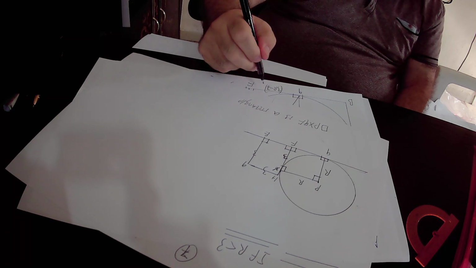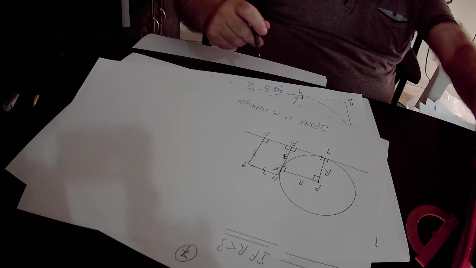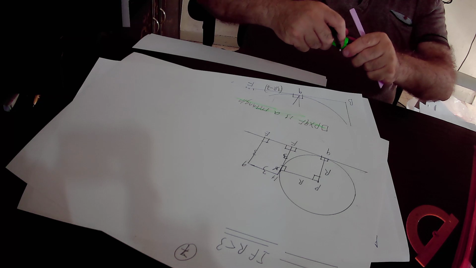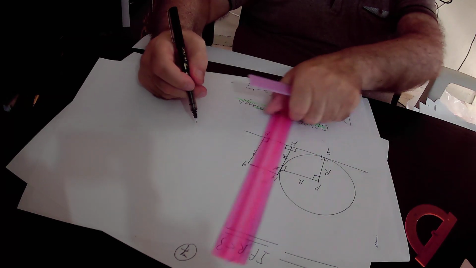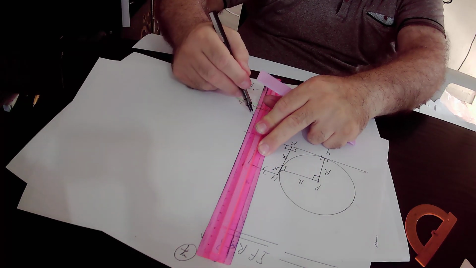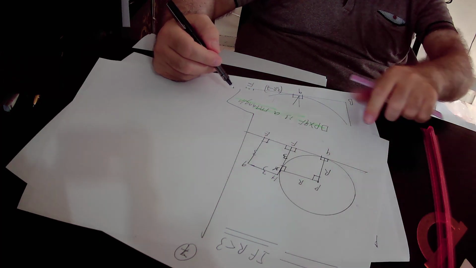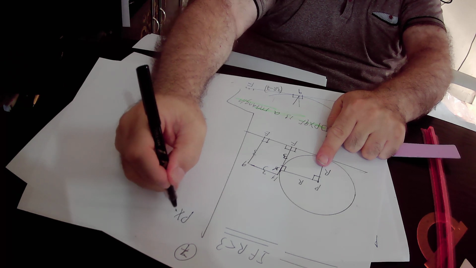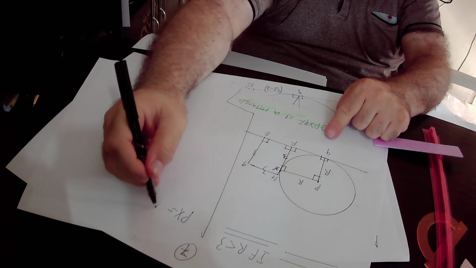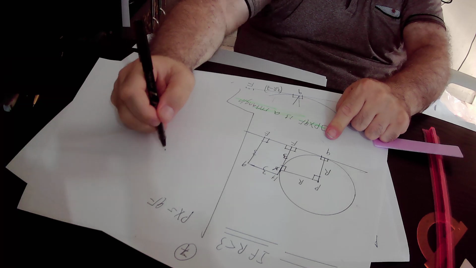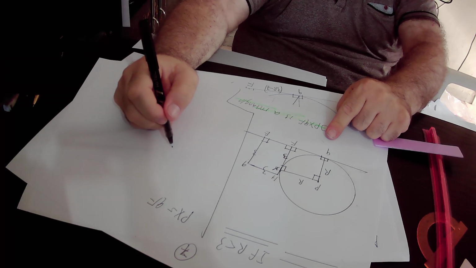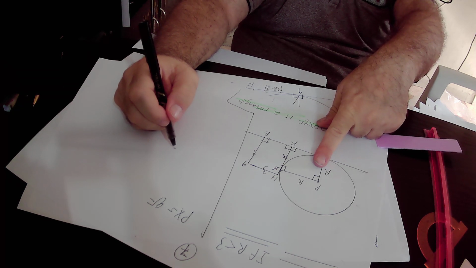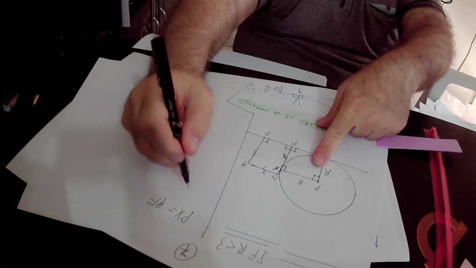And we also know that the opposite sides of a rectangle are equal to each other. That is to say, side PX must be equal to side QF. Okay? But here, side PX is the radius of the circle that is equal to R.